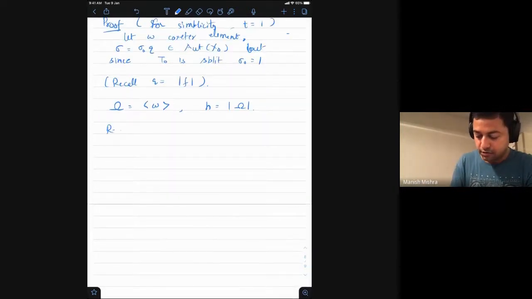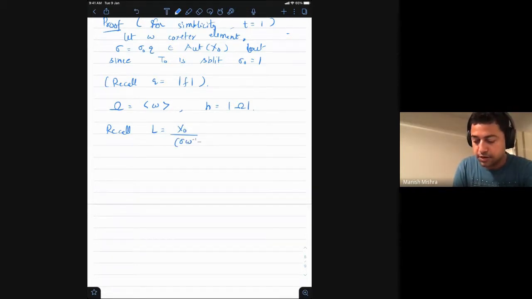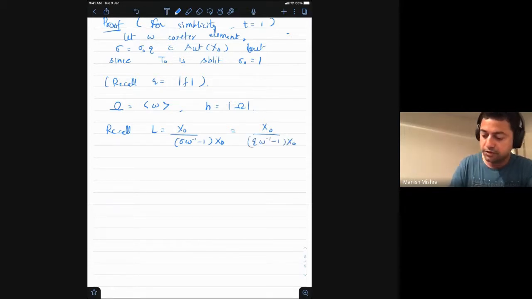And recall L, or the L group, which is isomorphic to the complex characters of the rational points of the Coxeter torus, is X0 mod (sigma omega inverse minus 1) X0, and sigma acts by q, so it's just X0 mod (q omega inverse minus 1) X0.